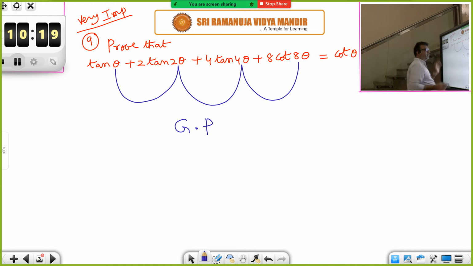That is the correct observation. Multiples of 2. So theta into 2, 2 theta. 2 theta into 2, next angle, 4 theta. 4 theta into 2, 8 theta. That means they are in geometric progression. Suppose 2, next one 6. Geometric progression, next one, what is the number? Kunal?